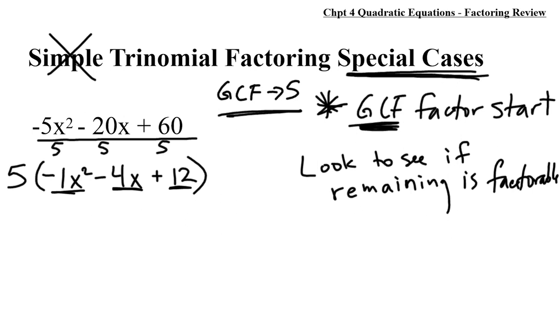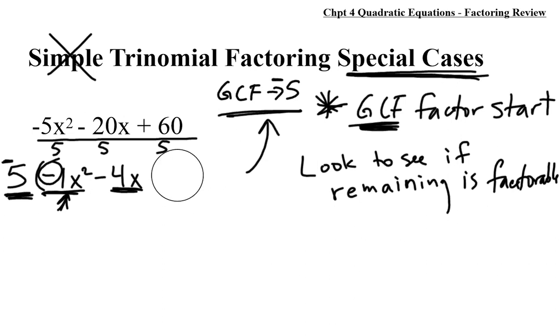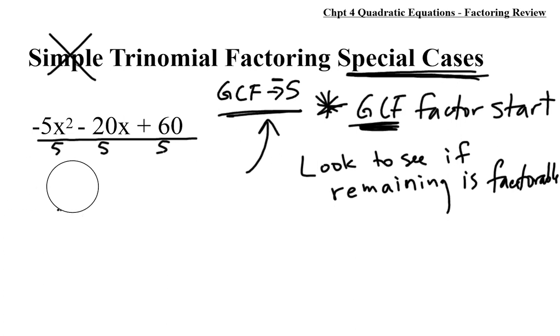But in this case, the x squared isn't by itself because we have a negative out front. Well, I almost have what I need with the x squared, x, and a constant, but I don't want the negative. So sometimes, in this case, your GCF needs to be negative. If I go back up to my GCF and factor out a negative 5, well, let's see what happens. Because I had the right stuff, but the wrong sign.